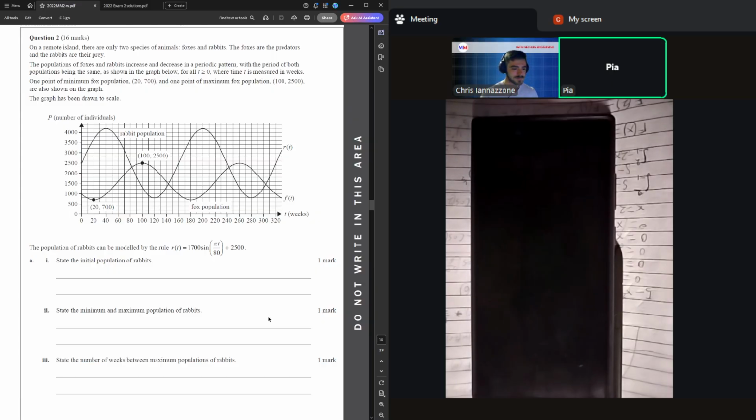For the max, I got 4,200, and then for the min, I got 800. Brilliant. Good thing you did not get caught with this. This is not the rabbits, this is the fox. Sweet. Part three. There's also a couple of ways you could do that one. State the number of weeks between maximum populations of rabbits.